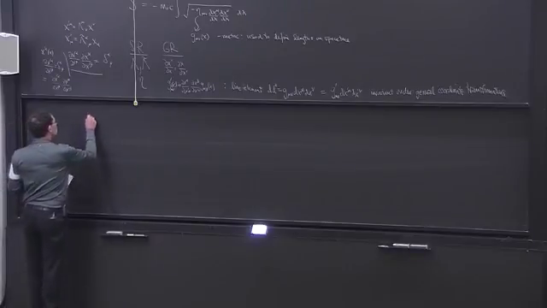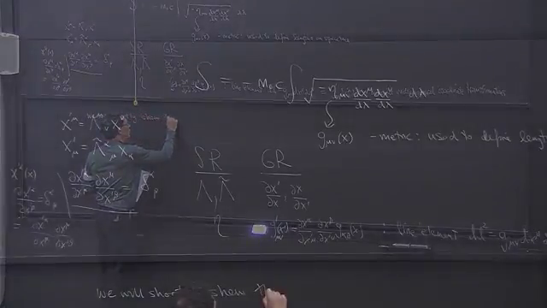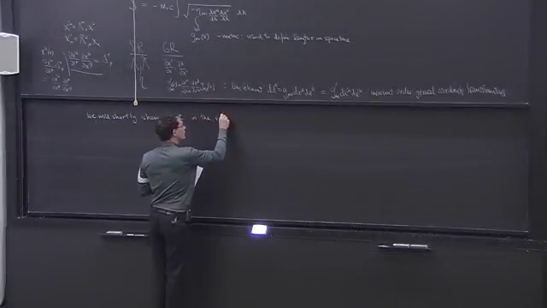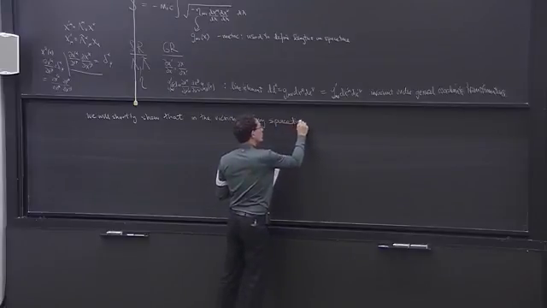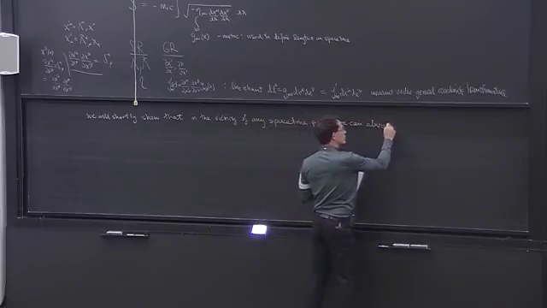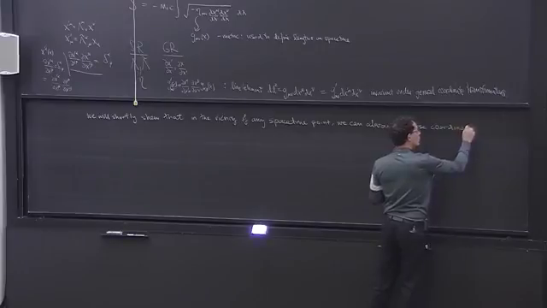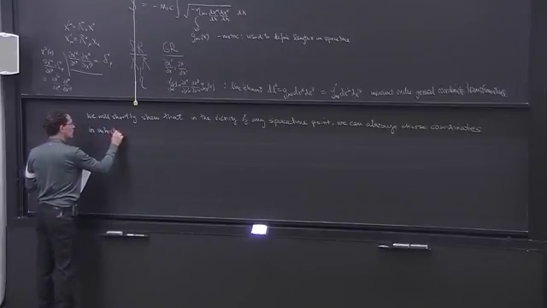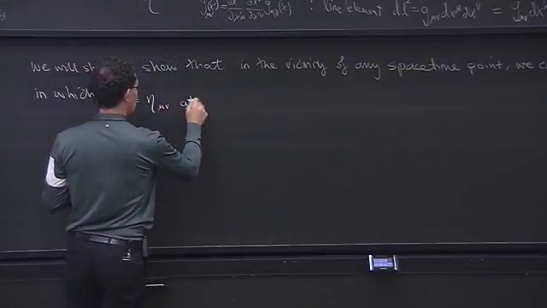Now we're going to show that in the vicinity of any space-time point, we can always choose coordinates in which g mu nu equals eta mu nu at that point.